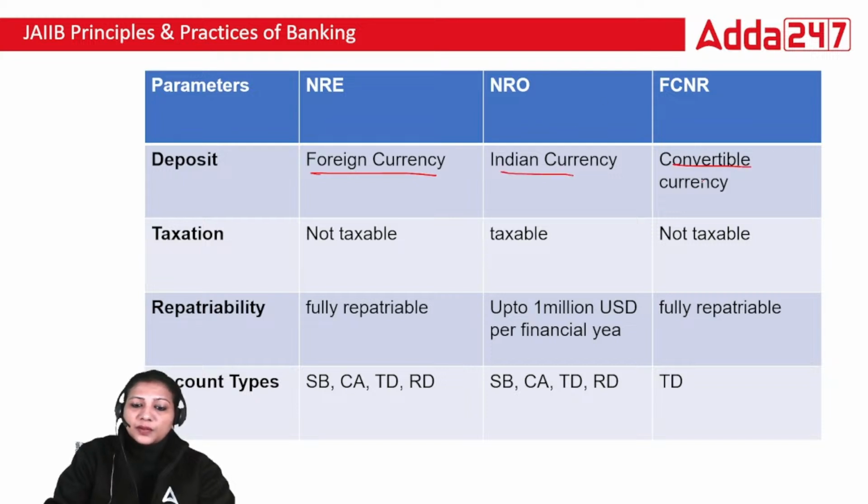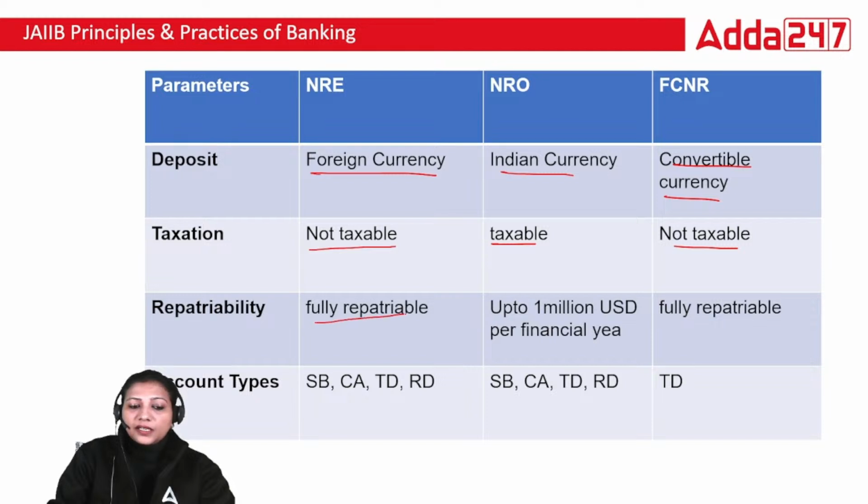FCNRB is allowed in convertible currency. All the currencies which I have named are some of the convertible currencies in which FCNRB can be opened. Taxation: NRE accounts are not taxable, NRO accounts are taxable, and FCNRB are not taxable.